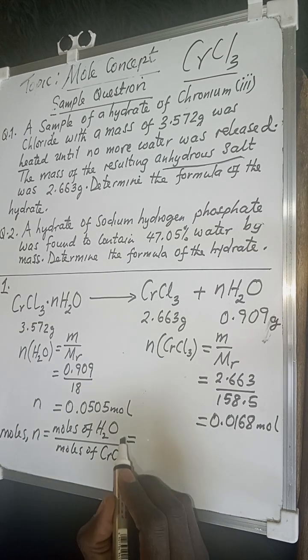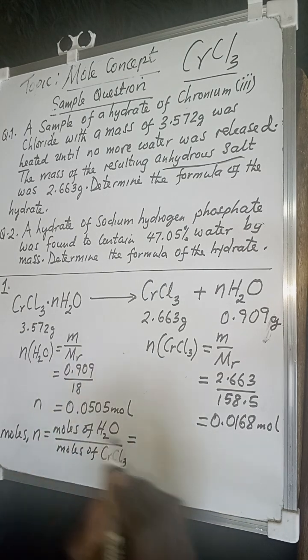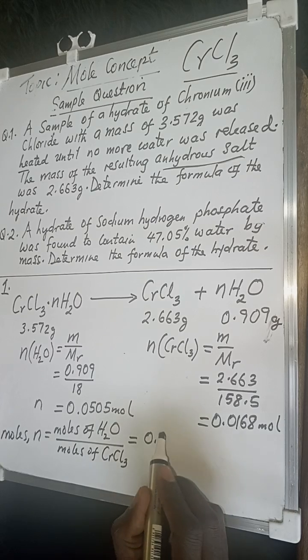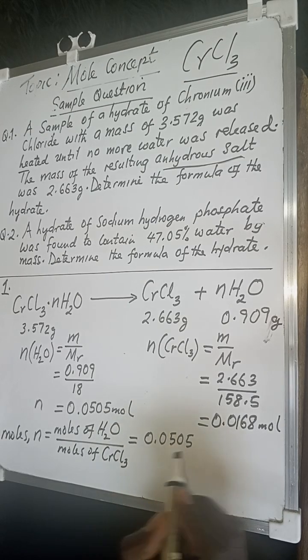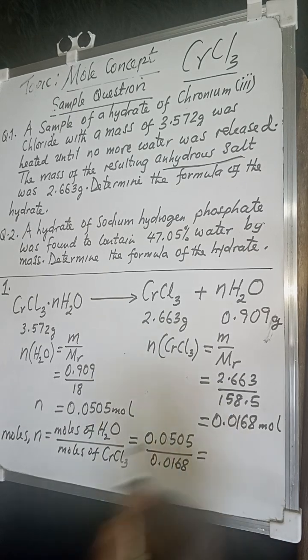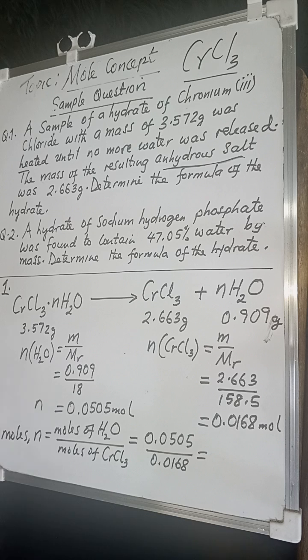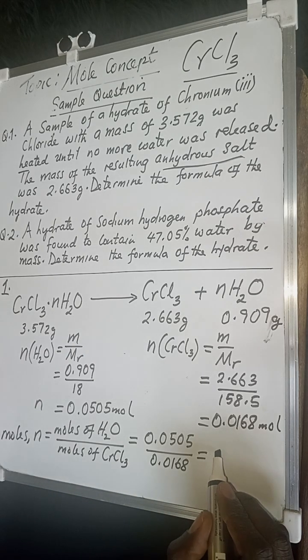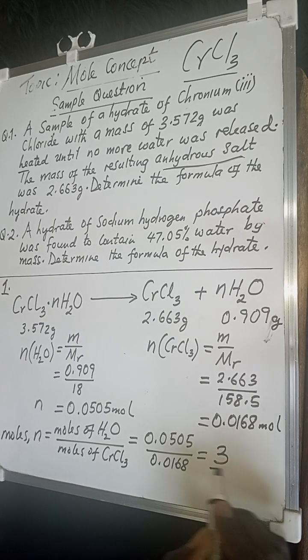So what will that give us? Well, we get the number of moles of water that we got, which is 0.0505. We divide by the number of moles of chromium, which is 0.0168. So if you get 0.0505 divided by 0.0168, as a whole number, it is simply going to give you 3.